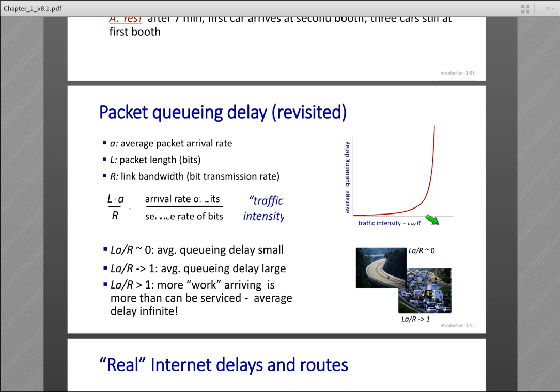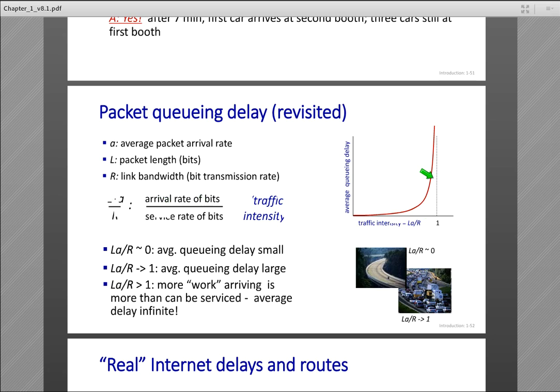When something like this happens, it's simple. When the traffic intensity moves toward 1, it means that the arrival rate is near to the service rate.